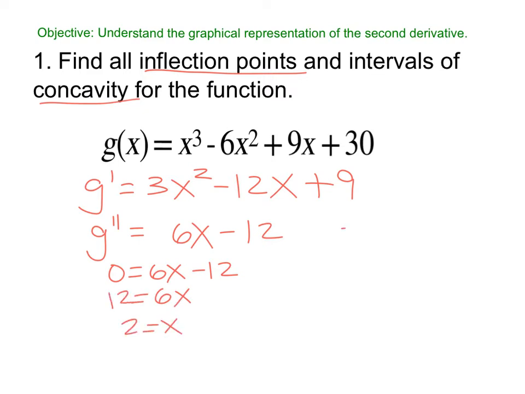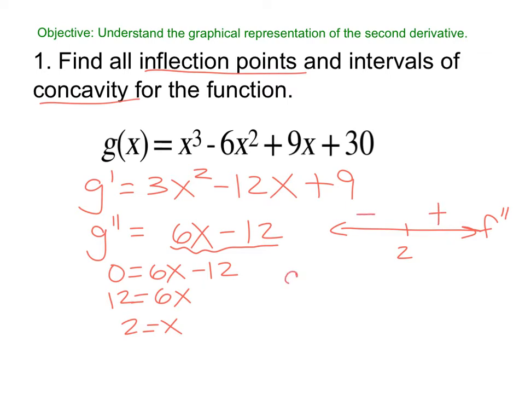So now on my number line, just like before, kind of like the first derivative test, this is f double prime. Notice I always write that, because I want to make sure I know what I'm plugging into. So here's my 2. If I plug in a number to the right of 2, say 3, I get a positive. To the left, I get a negative.